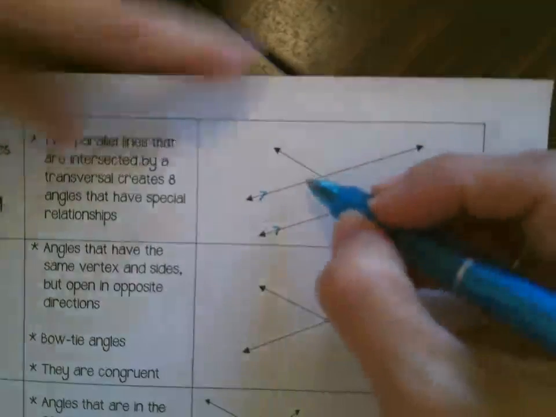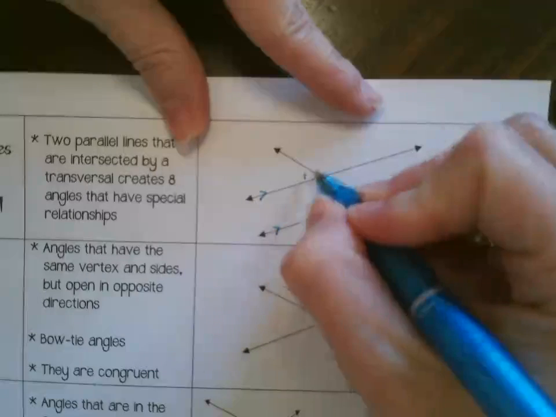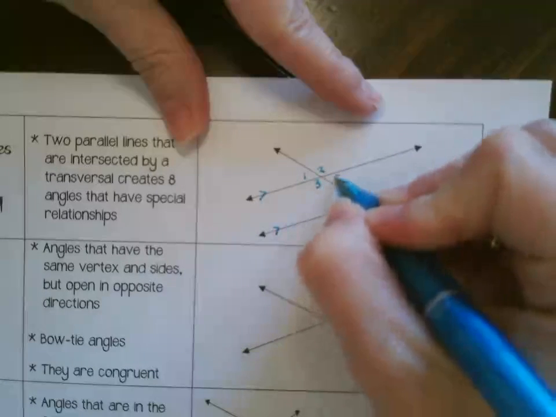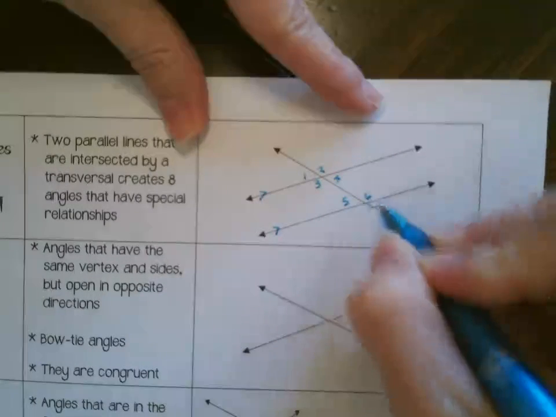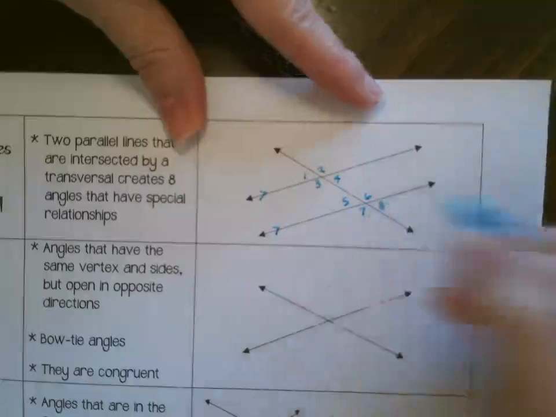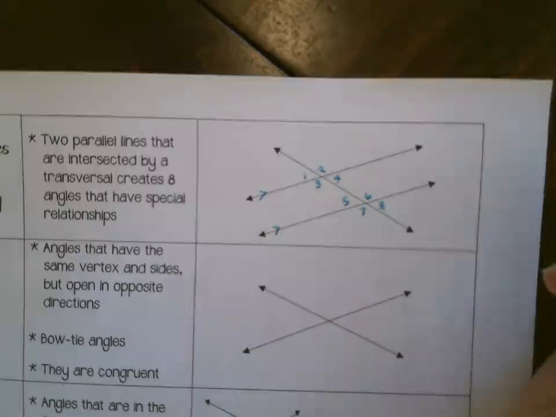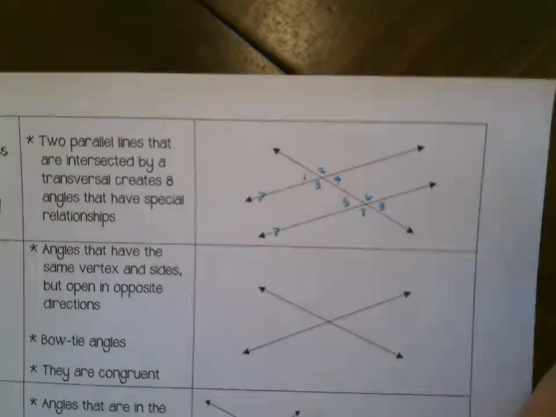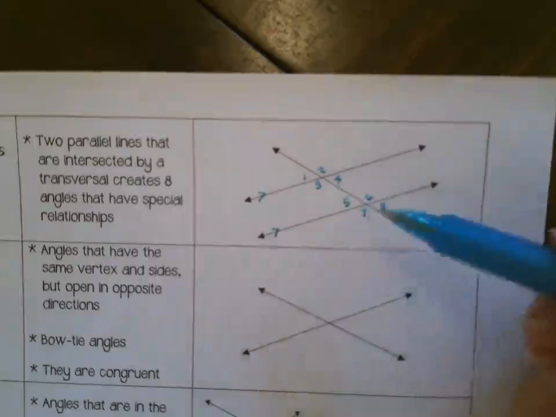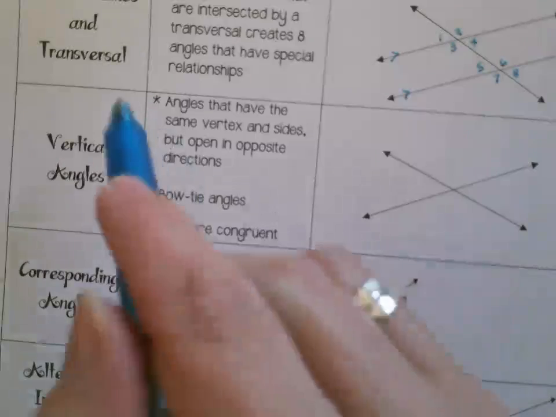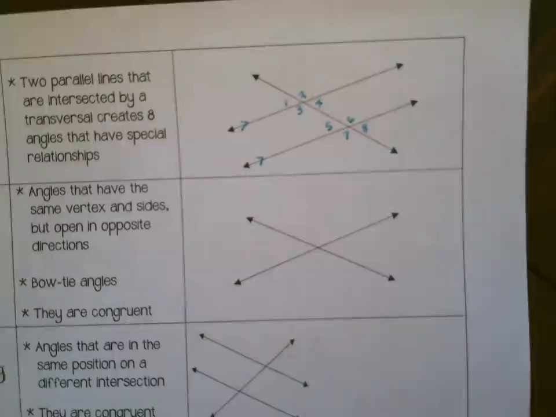What happens is it creates 8 angles. So I'm going to number them so you can see there are 8 different angles that are created when two lines are intersected by a third line. And if those two lines are parallel, these types of angles down here are created.